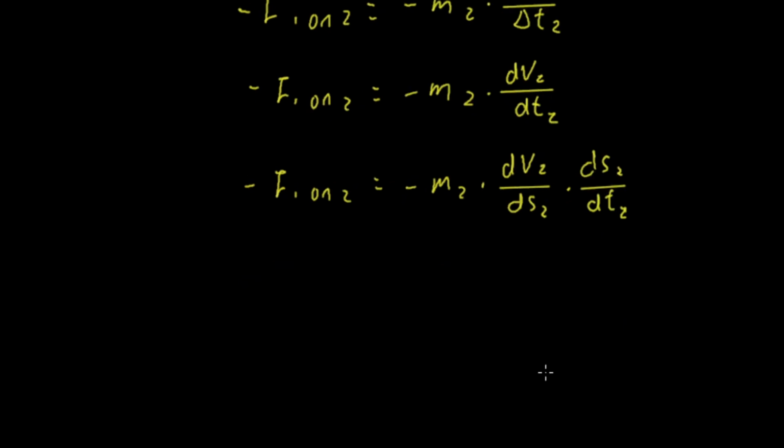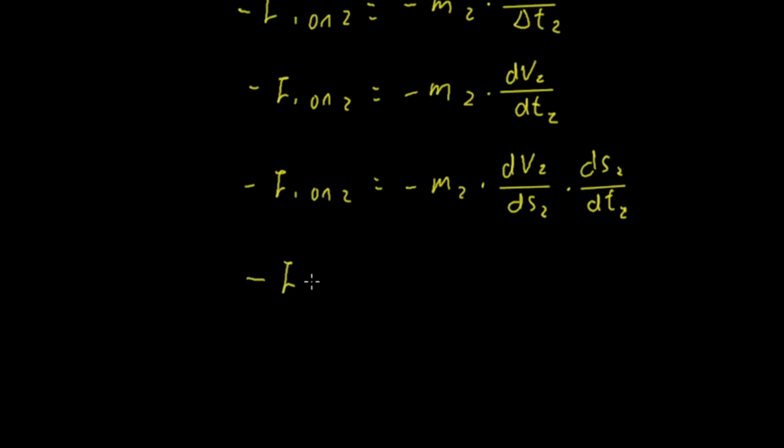Okay, now ds2 and ds2 cancel out. We still have only dv over dt left, which is the same as this. Now we know that ds over dt is velocity, change in position over change in time, right?